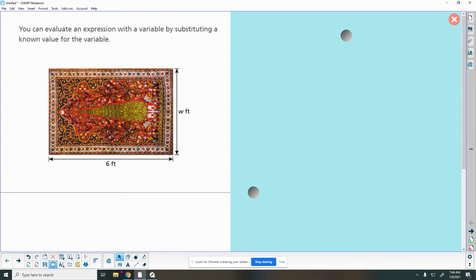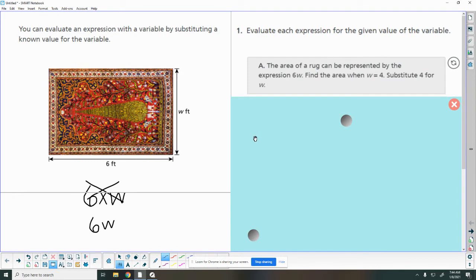If we were finding the area of this rug, we would be doing 6 times W, and we do not want to write it XW. That is going to make it look like we have 2 variables here. Remember that coefficient when we're multiplying is just 6 groups of W. Length times width will tell us our area.